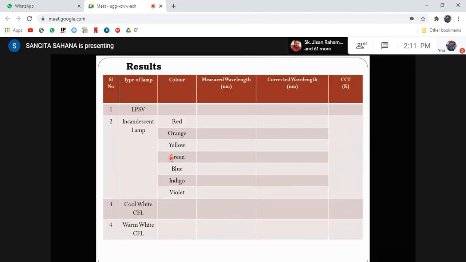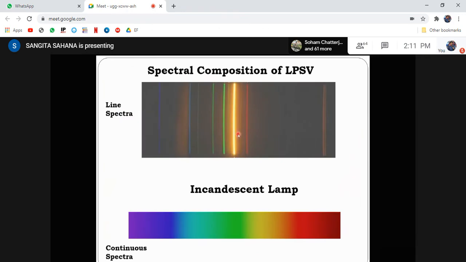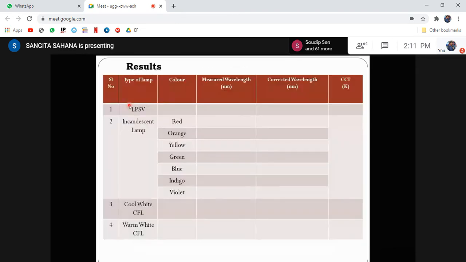Now this is the table, the four lamps, the colors that you can observe from this spectrum that you will see in this part. You have to write down the colors one by one, and the measured wavelength, it may be a line spectrum or continuous spectrum, so a single value for line and the range for the continuous.